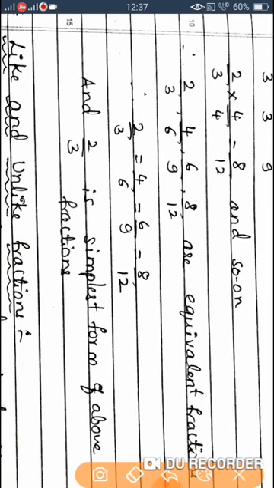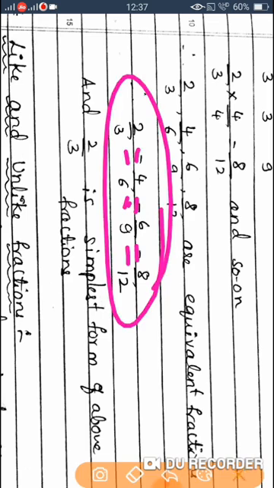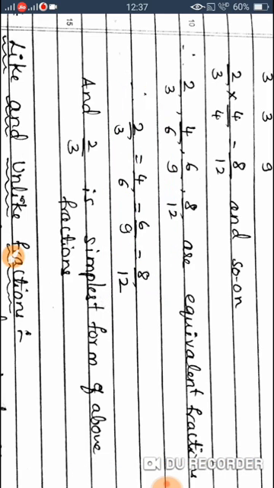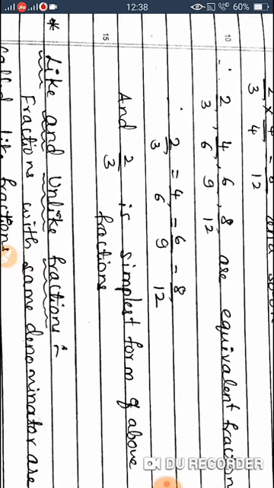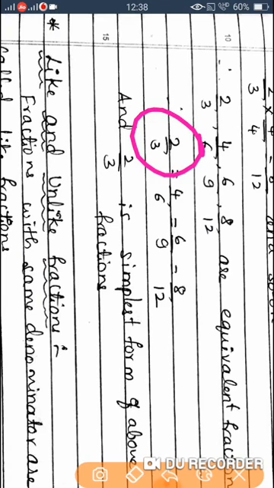And also we can say 2 by 3 equals 4 by 6 equals 6 by 9 equals 8 by 12. Why? Because these are equivalent. That's why we can equate these all. And 2 by 3 is the simplest form of the above fractions. Again we cannot simplify 2 by 3, because 2 and 3 have a common factor of only 1, not other than 1.